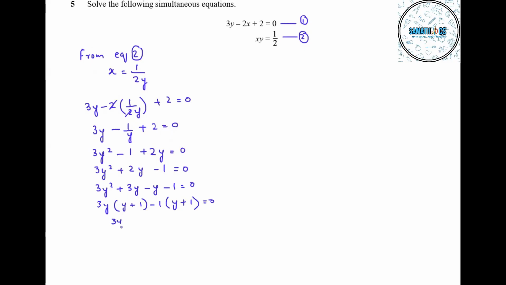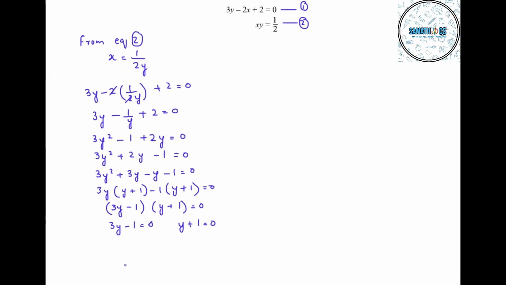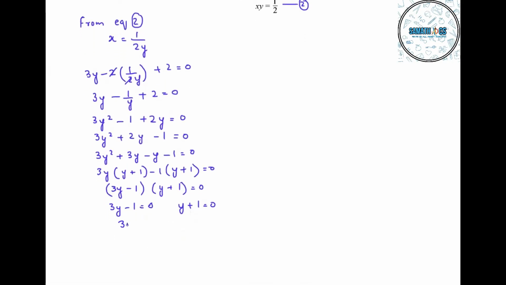So (3y minus 1)(y plus 1) is equal to 0. So we have here 3y minus 1 is equal to 0, and y plus 1 is equal to 0. So we have here 3y is equal to 1 and y is equal to 1 upon 3.